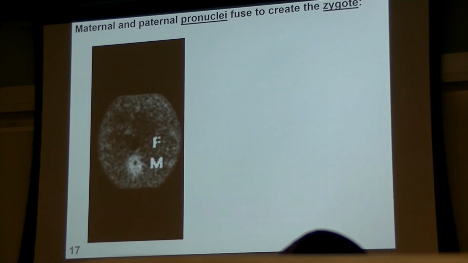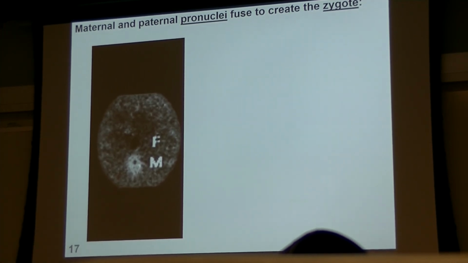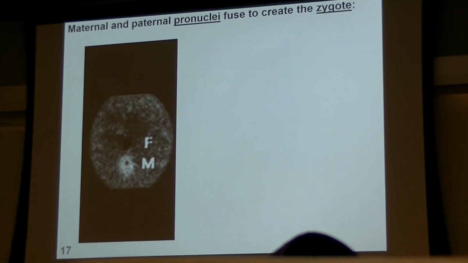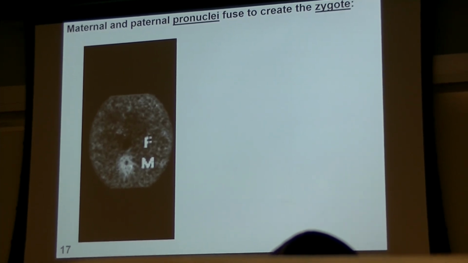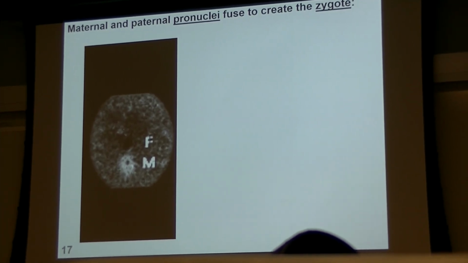And in a very short time, they seem to be able to draw together and fuse. And then this will restore now a diploid nucleus, and you'll have a cell that can go through mitoses and generate many diploid daughter cells, and that will be the beginning of cleavage, that'll be the beginning of a multicellular organism.